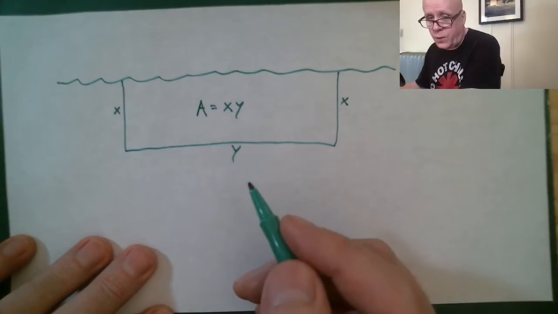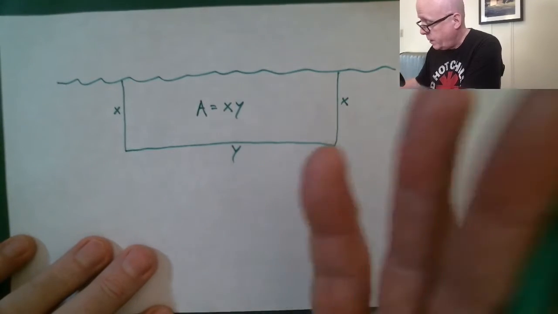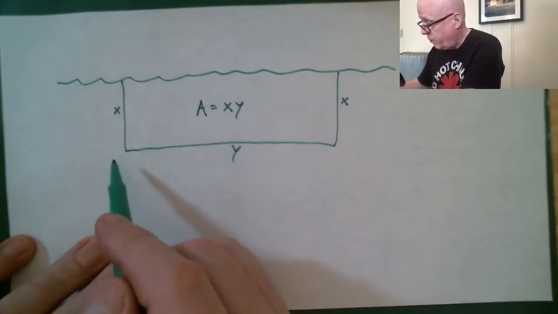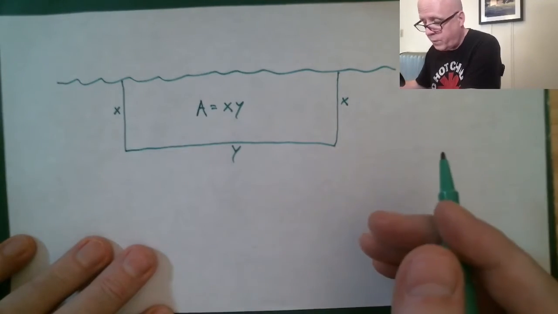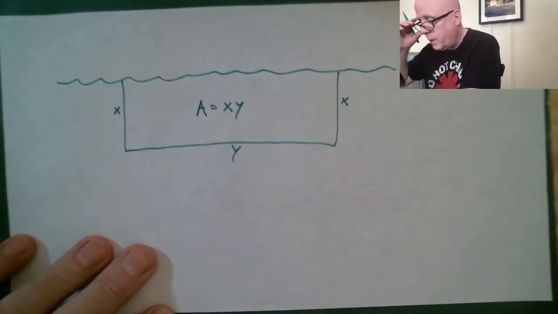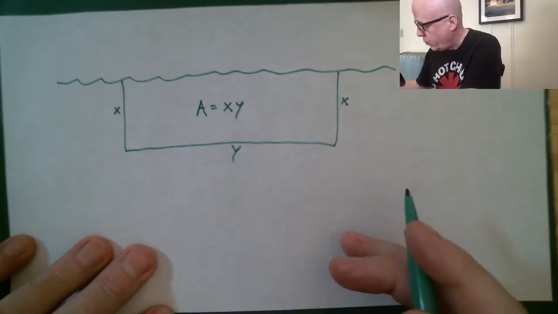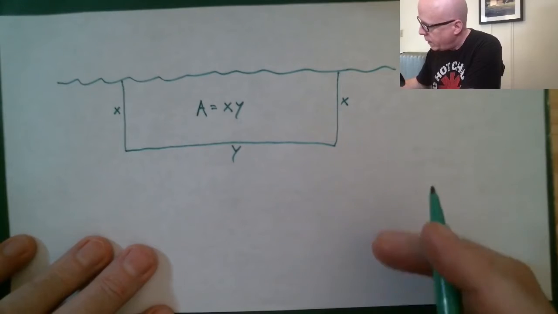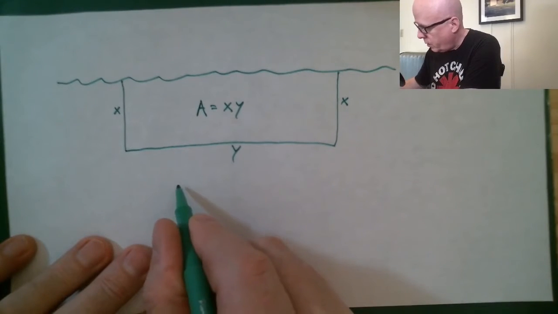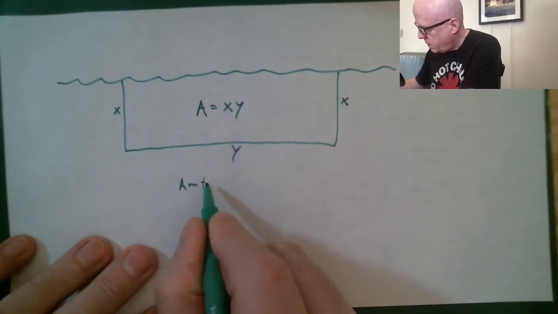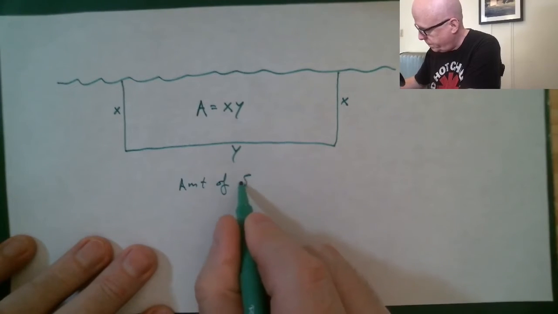What we need is a constraint. And I didn't say it ahead of time, but you don't have an infinite amount of fence to use to make these three sides. There are cost limits on what you're willing to spend on creating an enclosure for your pigs or your goats or whatever. So let's say the amount of fencing available is, say, 100 feet.